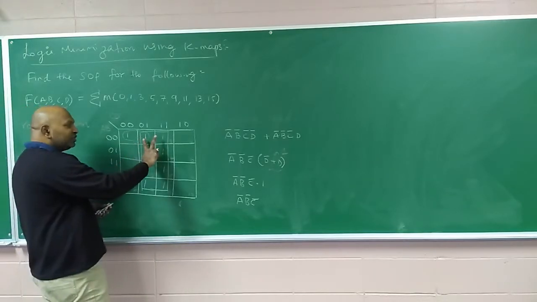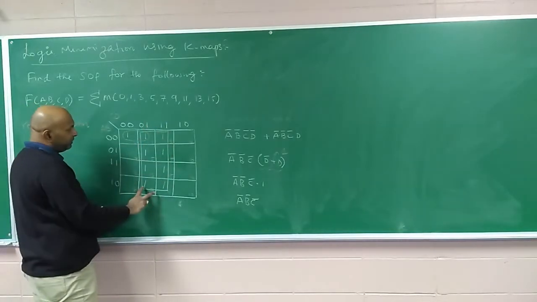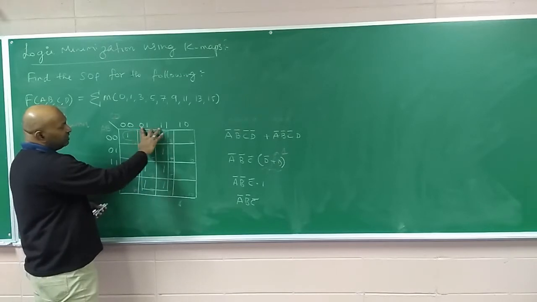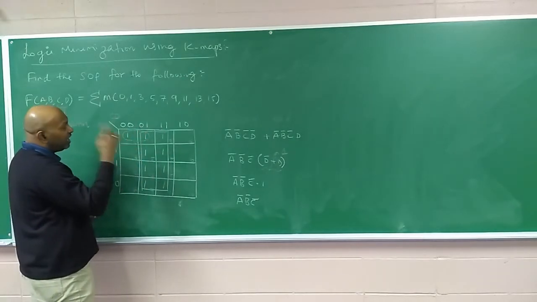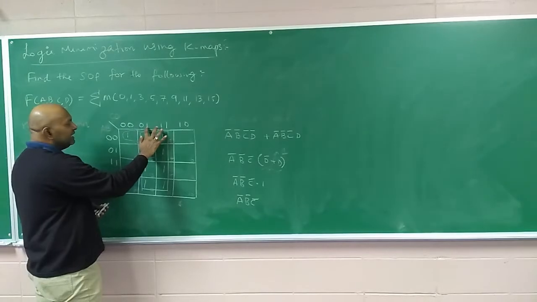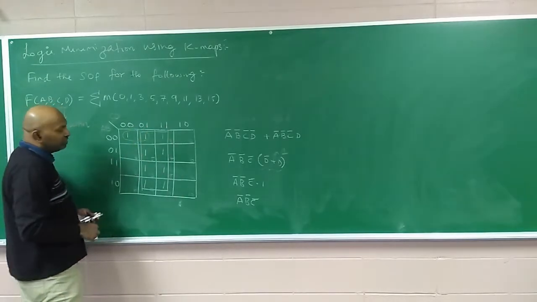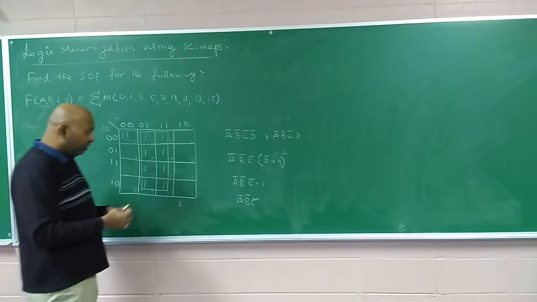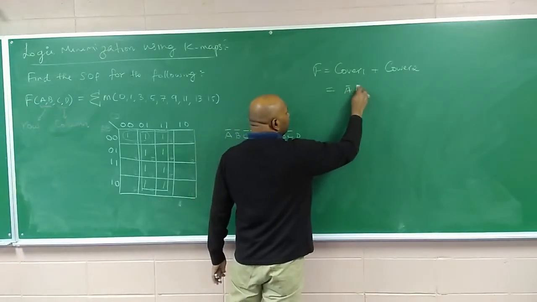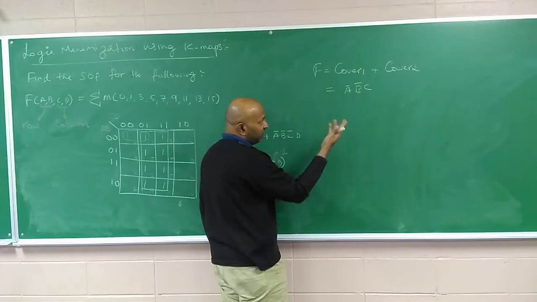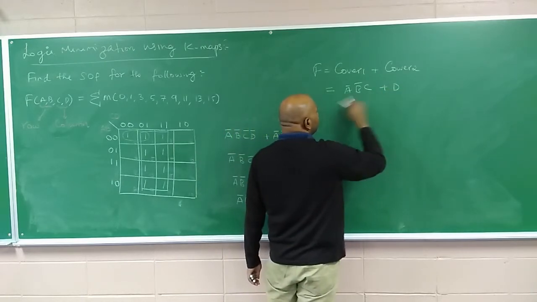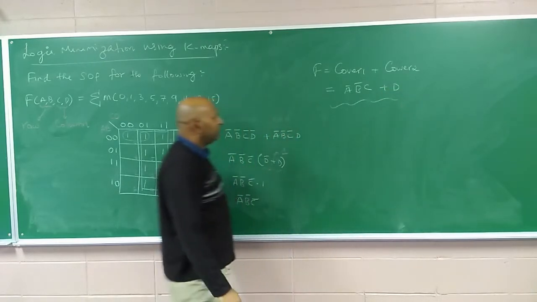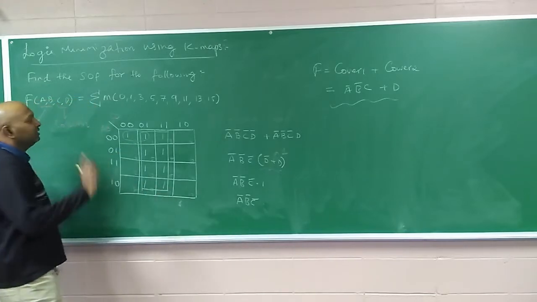Now, between these 2 columns right here, C has gone from 0 to 1, which means that it's changed. And the only thing constant is that D remains unchanged at D equals 1. So therefore, this is D bar and C for the first cover, first grouping, and the second one is just D. And that is the minimized form for this particular K-map.